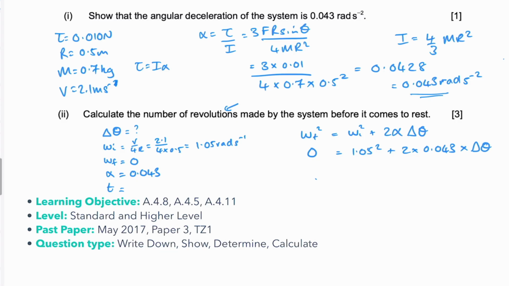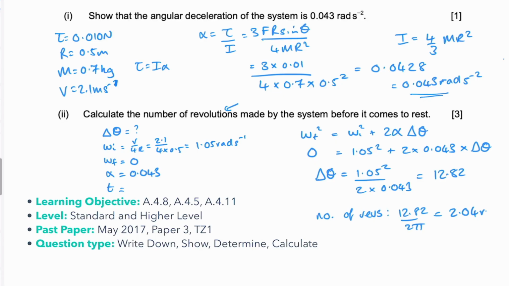That means that the change in angular displacement is equal to 1.05 squared divided by 2 times 0.043, which gives us an answer of 12.82 radians. Now, to find the number of revolutions, what we have to do is divide that by 2 pi, which gives us a value of 2.04 revolutions.